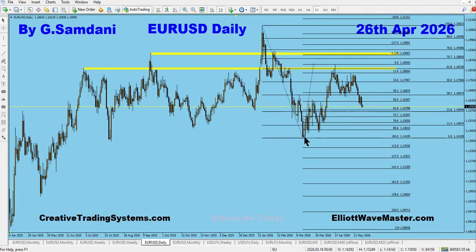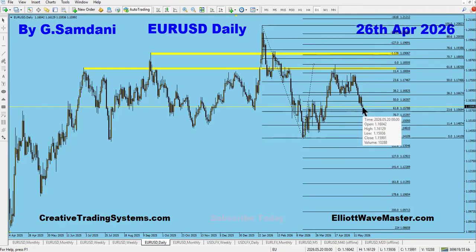Now, if you draw the fib from here to here, then what we notice is that it came very close to 61%, right? So after 61%, usually it goes to 23 and then either straight to the upside or comes down to 78, makes a Gartley pattern, and then goes to the upside.